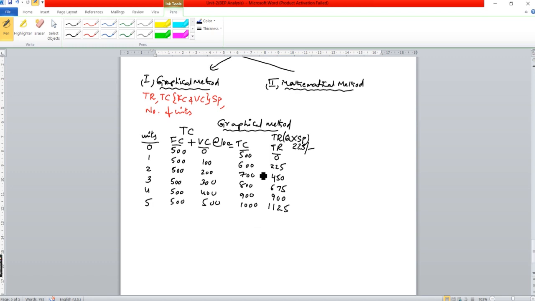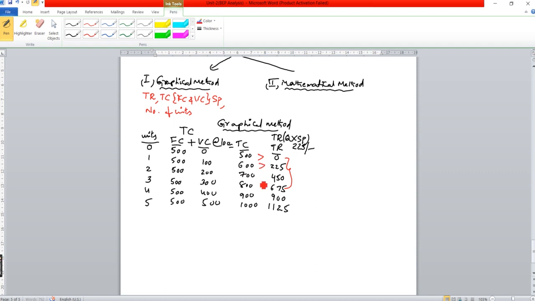Now with the help of this we have to identify where a firm is getting profit and where the firm is getting loss, and what the break-even point area is. With the help of the total revenue and total cost lines, from the first unit to the third unit, the total cost is greater than total revenue.